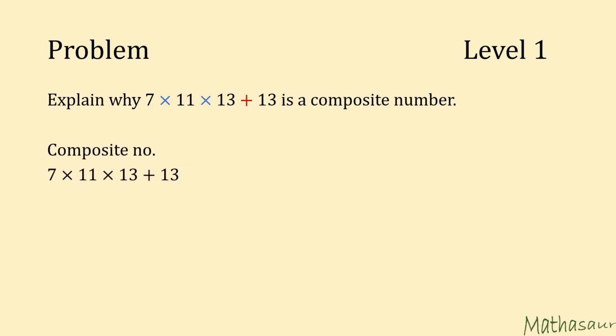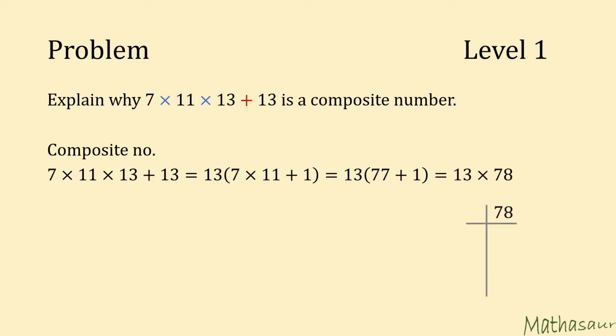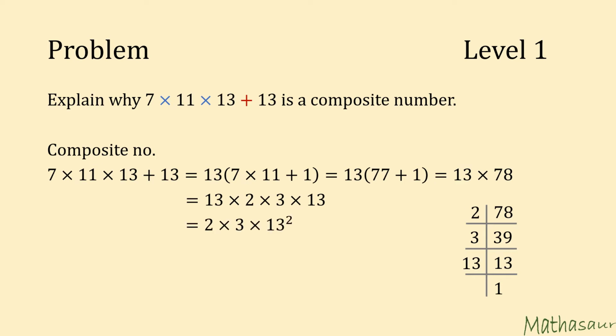So let us look at the given composite number. We could take 13 common. Let us solve the bracket and prime factorize 78. Now we could express this as a product of prime numbers: 2 times 3 times 13 square.